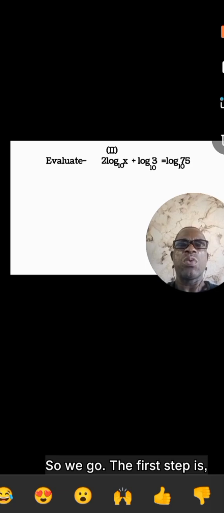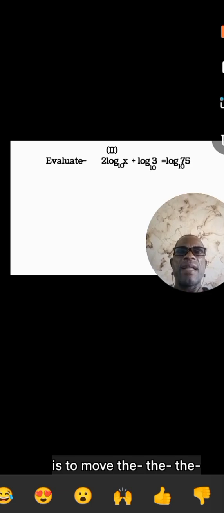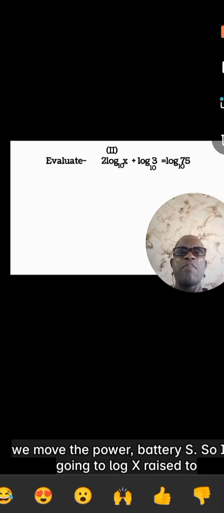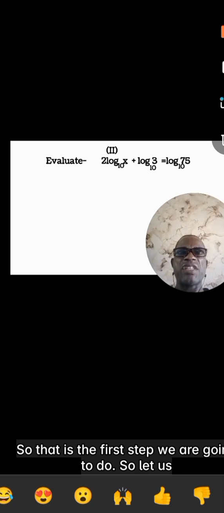The first step is to move the power back to x. So 2 log x becomes log x raised to the power 2, plus log 3.